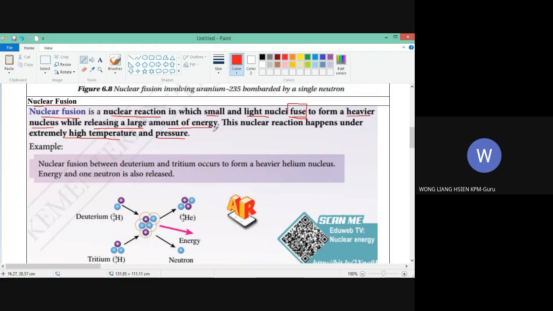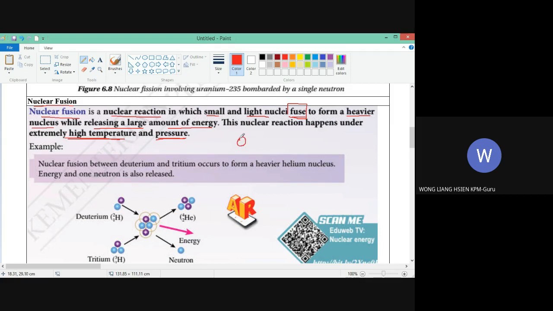So why is it that this nuclear reaction needs to happen under extremely high temperature and high pressure? Because in order for the two small and light nuclei to fuse together, they need to move very fast and collide together.